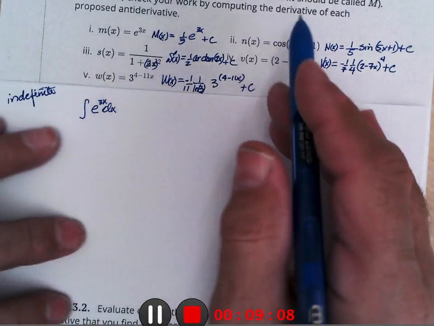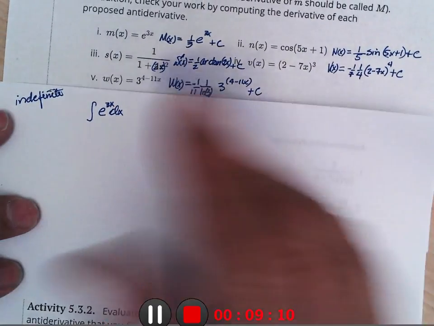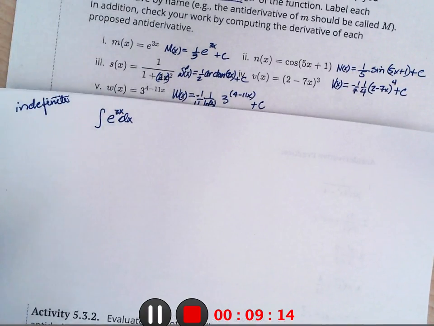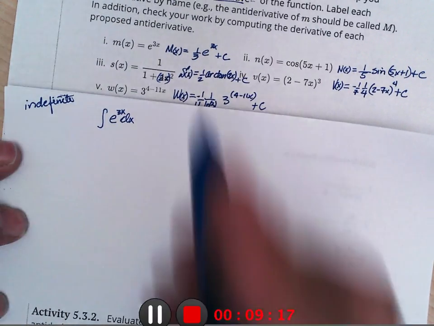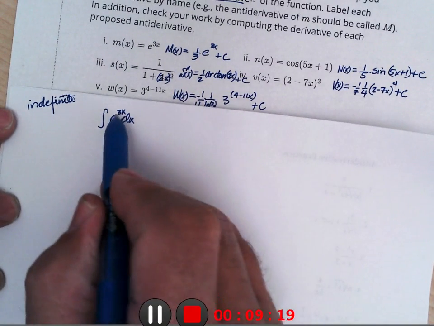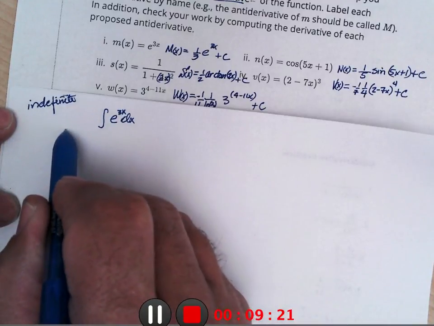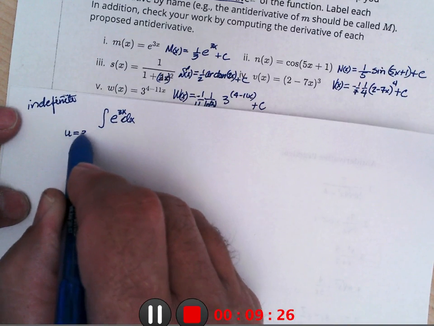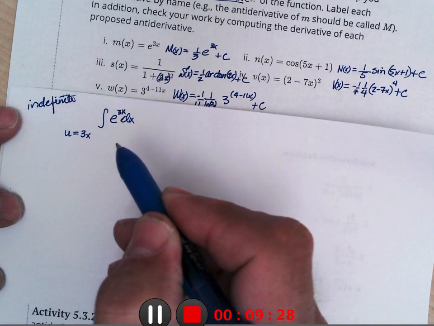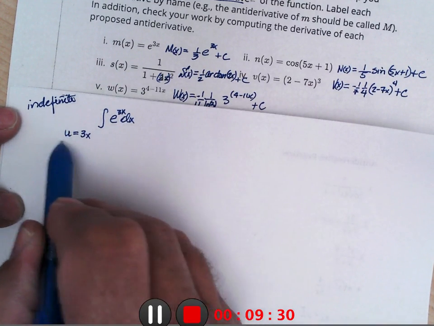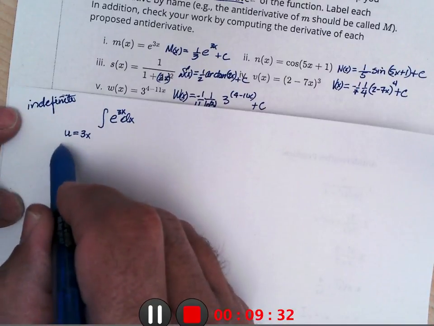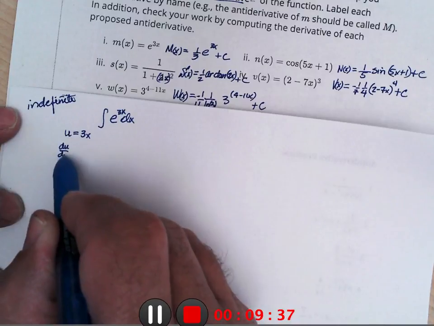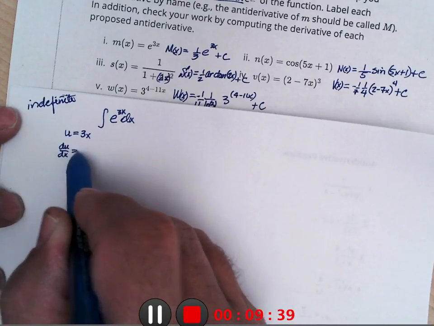Now, the part that makes this a little complicated is it's not just e to the x, it's e to the 3x. So we're going to let u equal the complicating piece. I'm making up the variable u, which is just 3x. I'm going to take the derivative of this. So the derivative of u would be du dx, or u prime, and the derivative of 3x would be just 3.